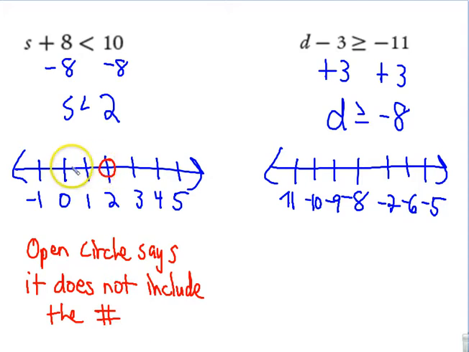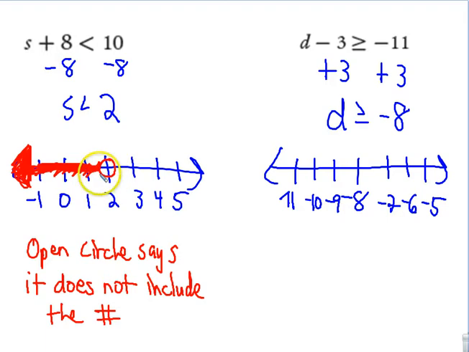And remember, our answers are all of these numbers. So we're going to shade this part. Notice I shaded the arrow too, because it's everything. Everything down here is an answer to this question.